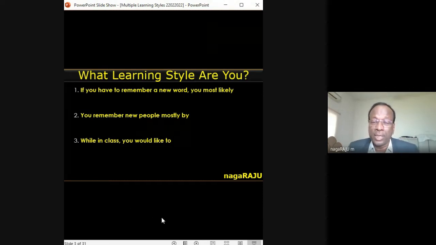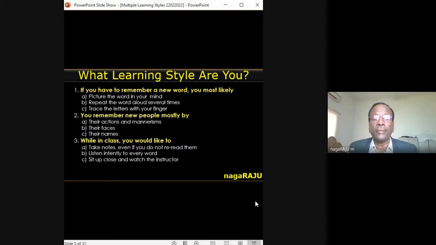And here are the possible answers. The first question, if you have to remember a new word, you most likely picture the word in your mind, repeat the word aloud to yourself several times, or trace the letters with your finger. So your answer must be either A or B or C. Then question 2, you remember new people mostly by their actions, their faces, or their names.